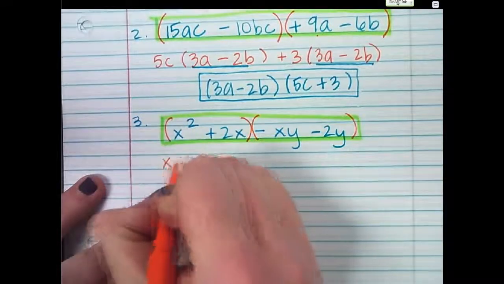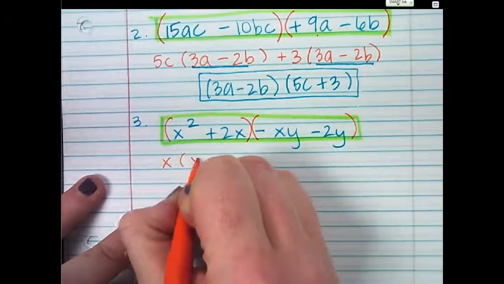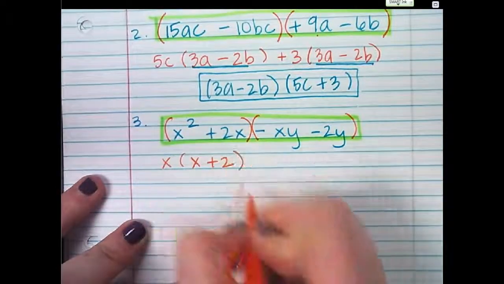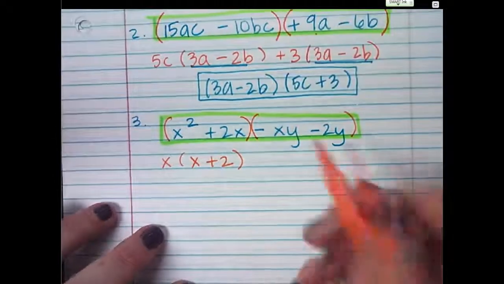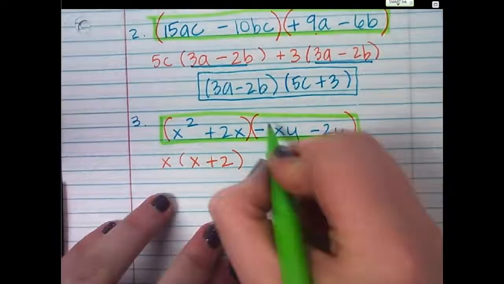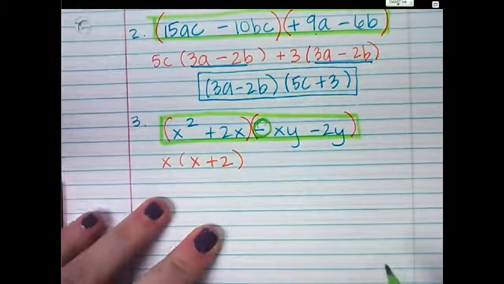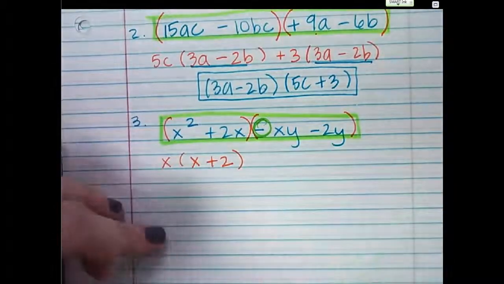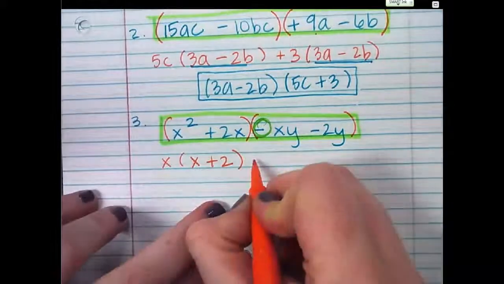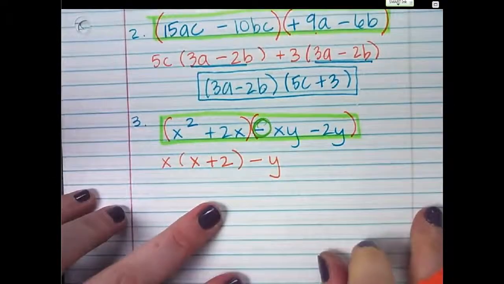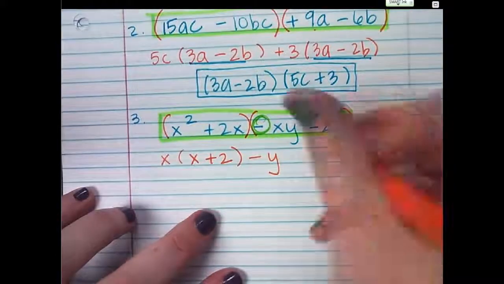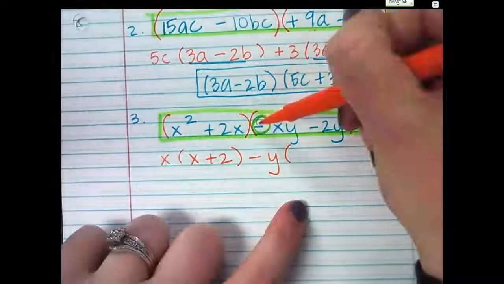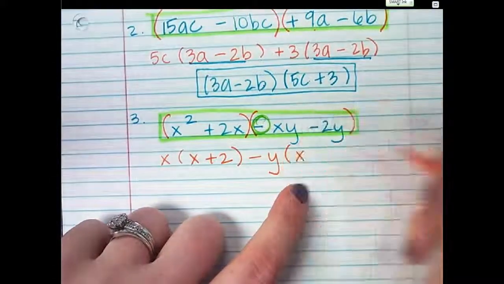X. So I take out an x. I'm left with x plus 2. Now if you see the minus sign here, so I've got this minus, you should take out a negative. Okay, so I'm going to take out what's common, which is a y, but I'm going to make it a negative y. I'm going to take out a negative y. So the negative and the y are gone, so I get positive x.